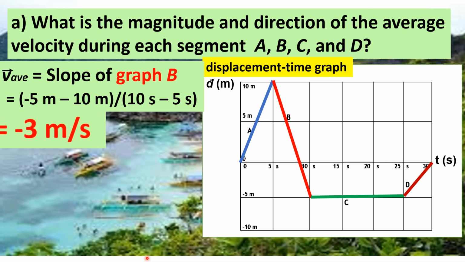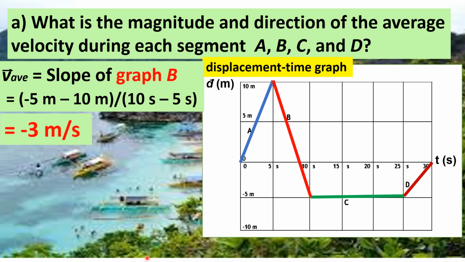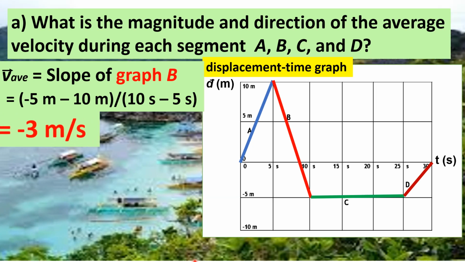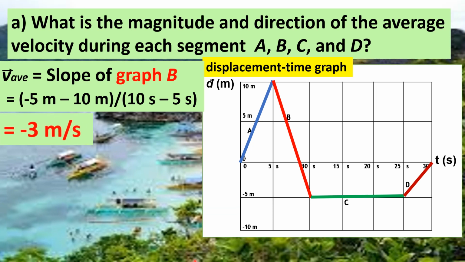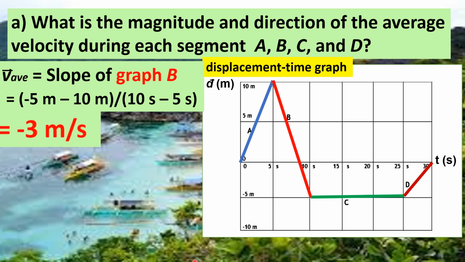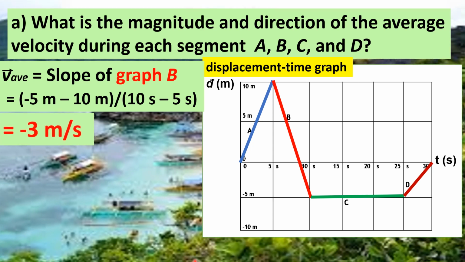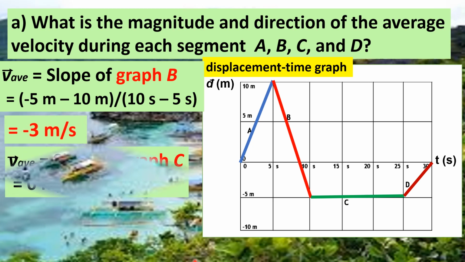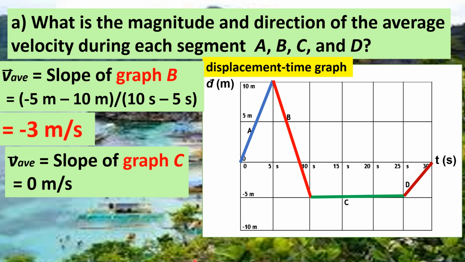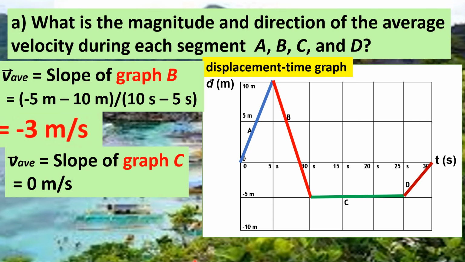This suggests that the slope of this horizontal graph line is just equal to 0. This means that the particle is stationary or motionless during that time interval.